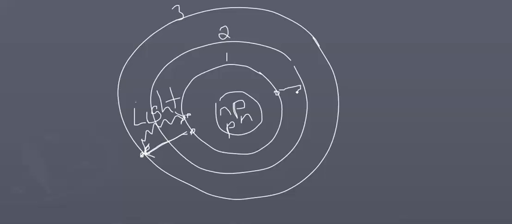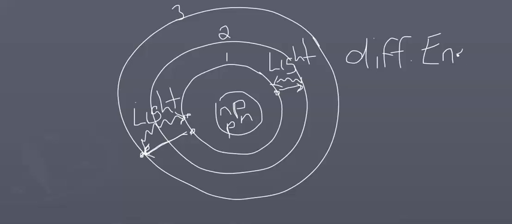Electrons can jump 1 energy level, they can jump 5 energy levels, they can jump 10 energy levels. Depending on how many energy levels they come back down, that determines what light is produced. Different energies of electrons jumping correspond to different wavelengths.